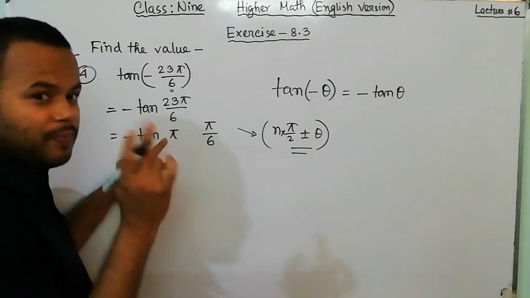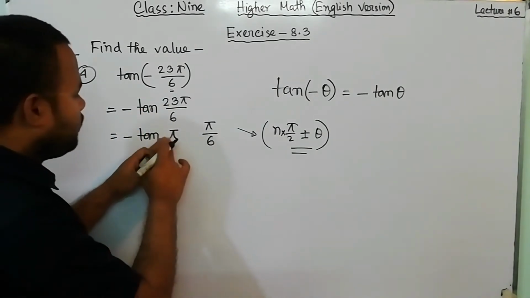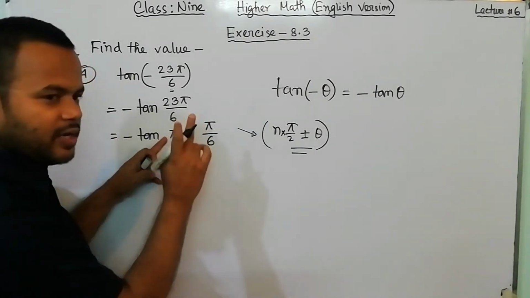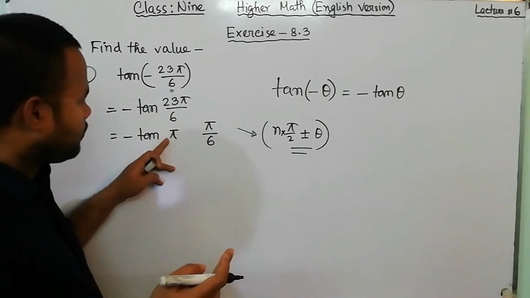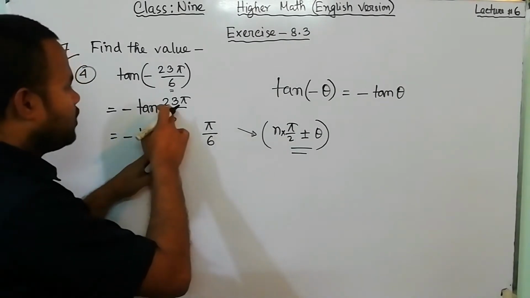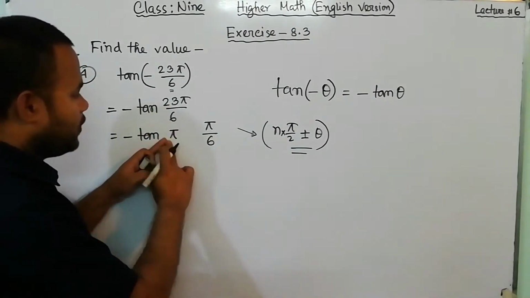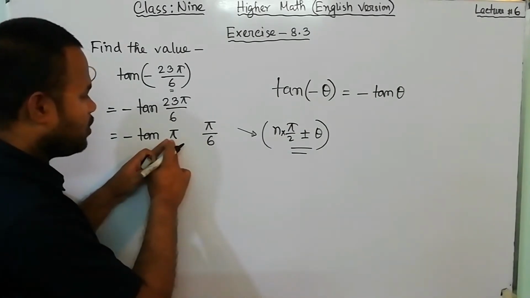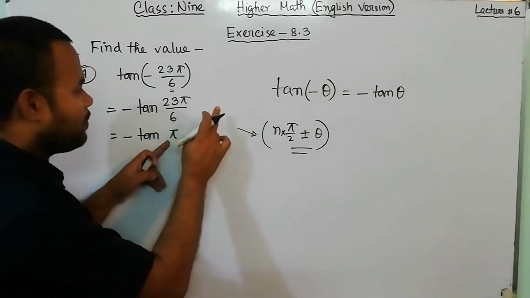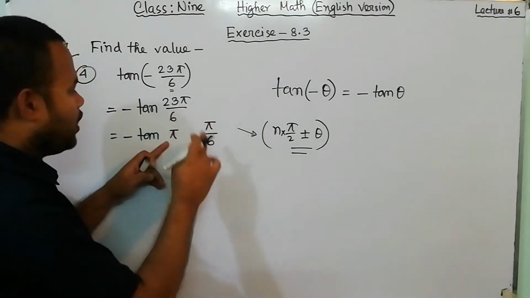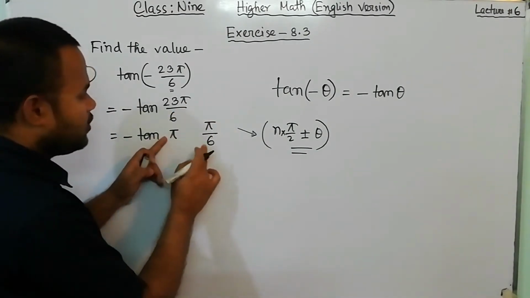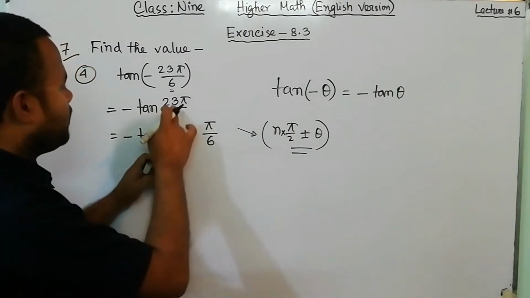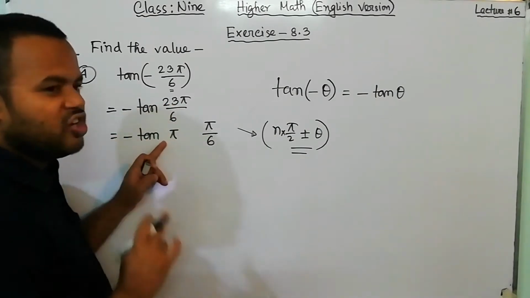We need 23 pi. Okay, here if we put 2, then we have 12 pi plus pi, that is 13 pi, but we need more. If we put 3 here, then we get 3 times 6, that is 18 pi plus pi. Now if we put 4 here, then we have 4 times 6, that is 24, but we need 23.